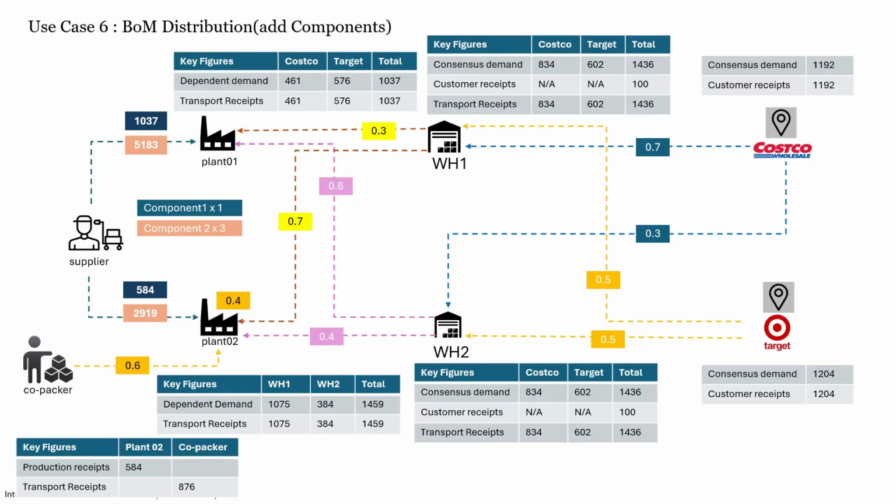And also we have components: 1 unit of component 1 goes to 1 unit of the finished product, whereas for component 2, 3 units of this component go to 1 unit of the finished product. So let's see how we can implement that. It's in the master data in IBP.